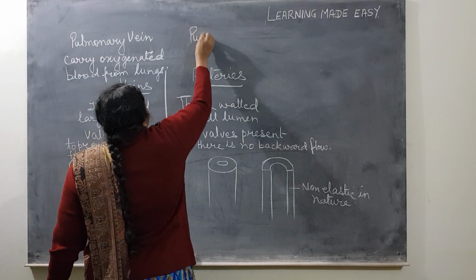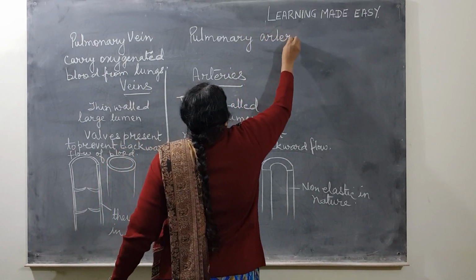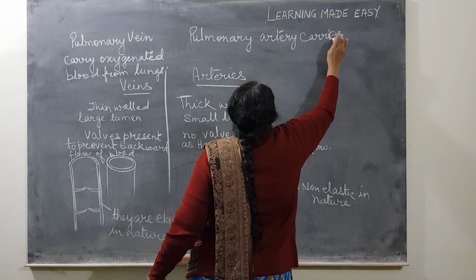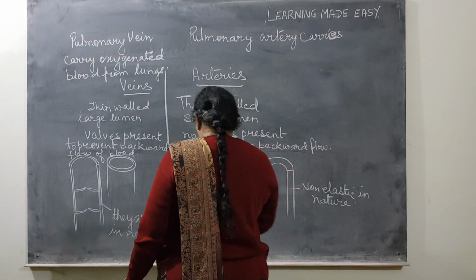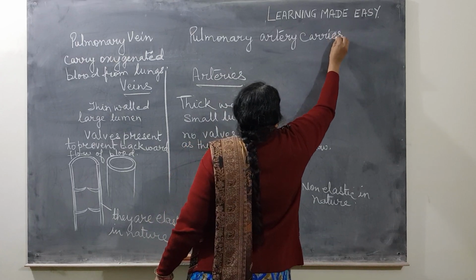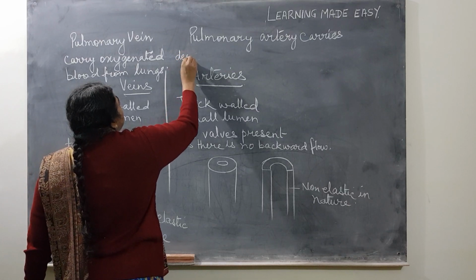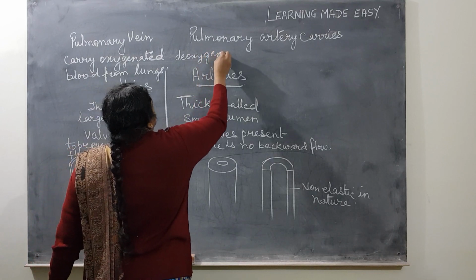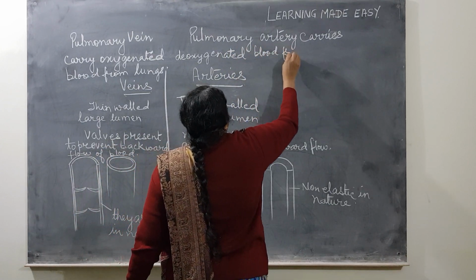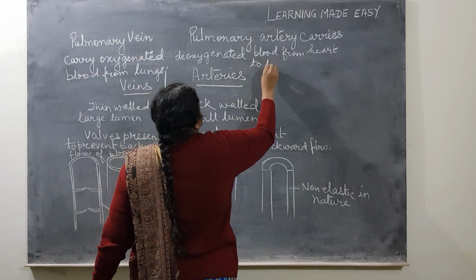While the pulmonary artery carries deoxygenated blood from heart to lungs.